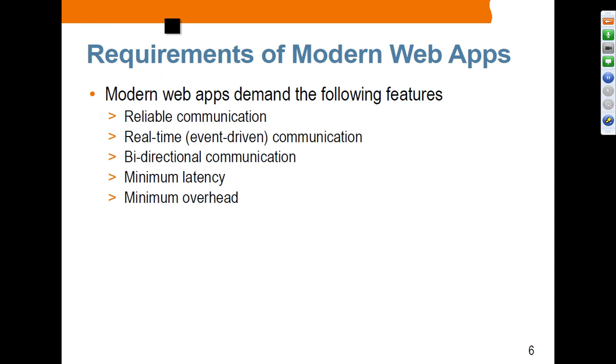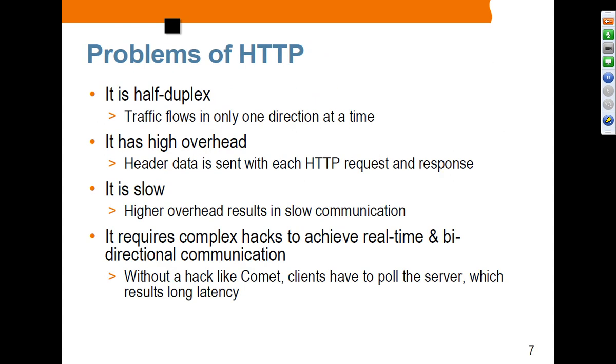And bidirectional communication is not just from the browser to the server, but from the server to the client, meaning the server wants to propagate the data to every participant, every client, when it wants to. Okay. These things have to be done with minimum latency and minimum overhead. The technology before WebSocket, for that matter before HTML5, did not really meet these requirements.